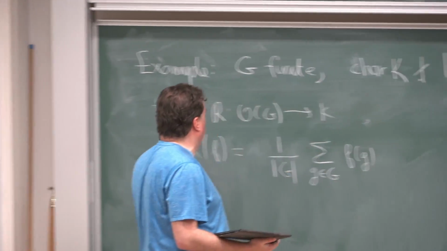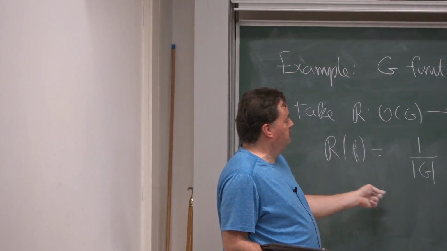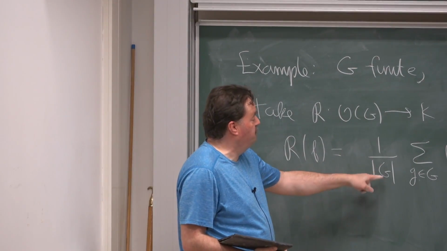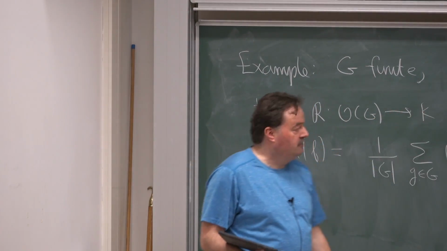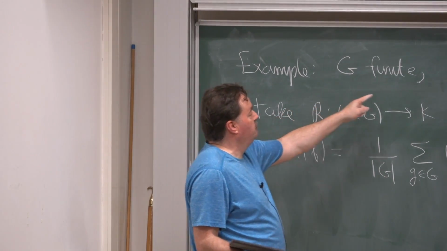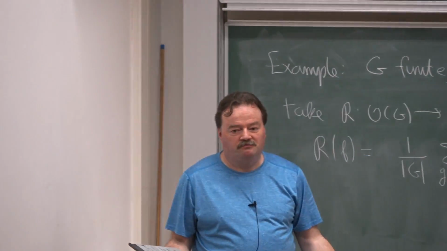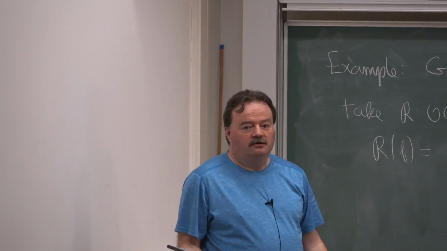This f is a function on the group. Now you take just the average value. I'm dividing by the group order, so this has to be invertible in the field. So if G is a finite group and the characteristic does not divide the group order, then G is linearly reductive. Okay?